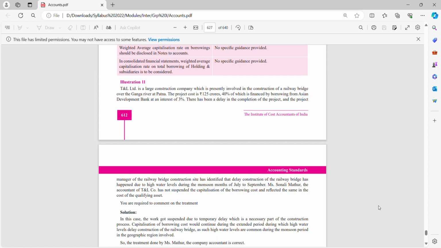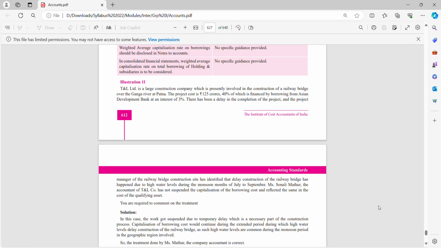So TNL Limited is a large construction company involved in construction of a railway bridge. The project cost is 125 crore, 40% of which is financed by borrowing. So out of 125 crore, 40% is financed by borrowing, and we are supposed to pay 3% interest. There has been a delay in completion of the project, and the project manager has identified that the delay has happened due to high water levels.